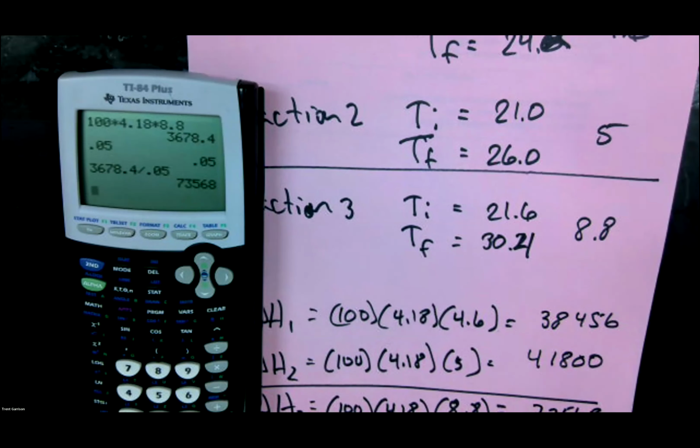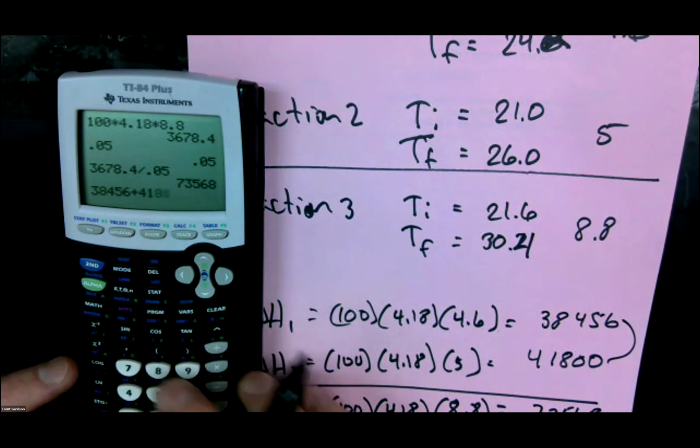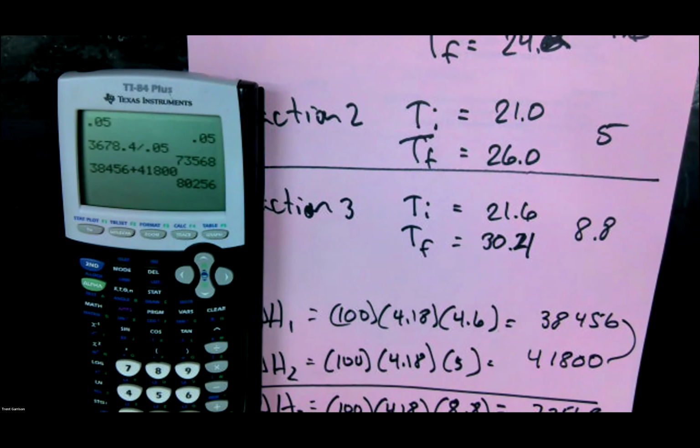All right, if I add together these two, 38,456 plus 41,800, I get 80,256 joules. I could divide that by 1,000 and it would be 80 kilojoules. So what we got there is 80, but that is the laboratory value.